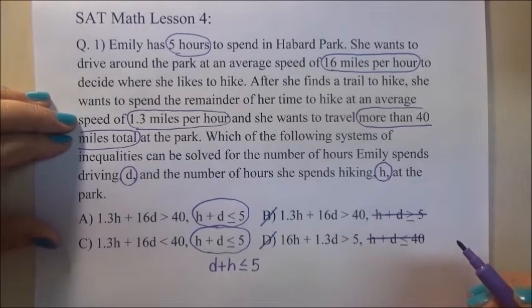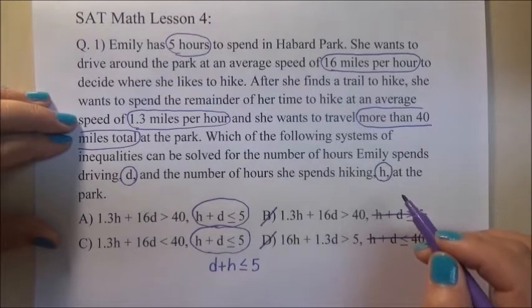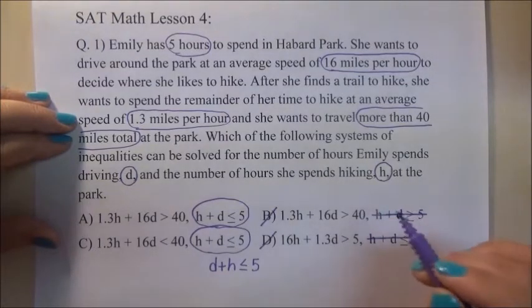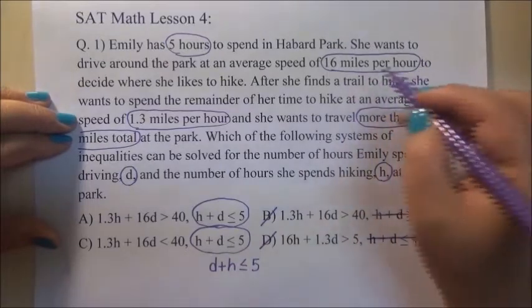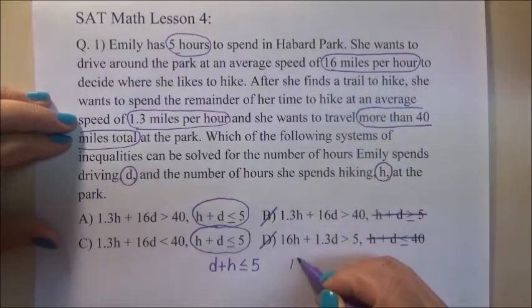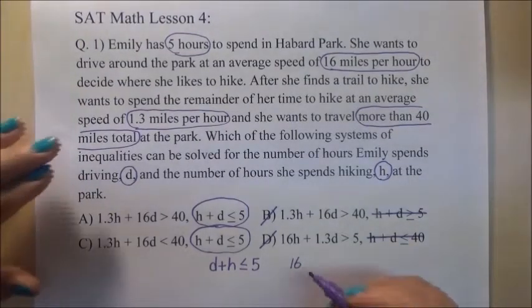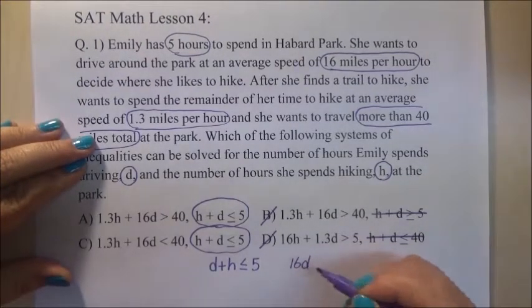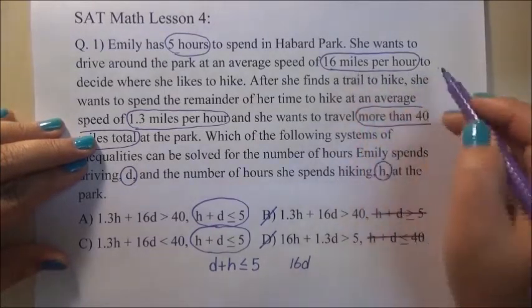So next step, she wants to travel more than 40 miles total at the park. So we have to find the miles she's gonna drive and she's gonna hike. So 16 miles per hour times D. This means miles per hour.